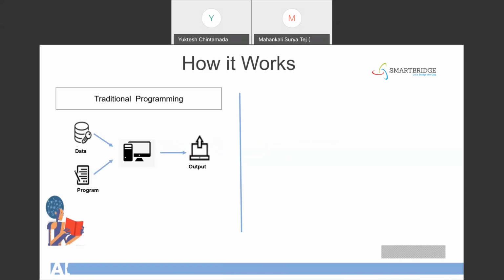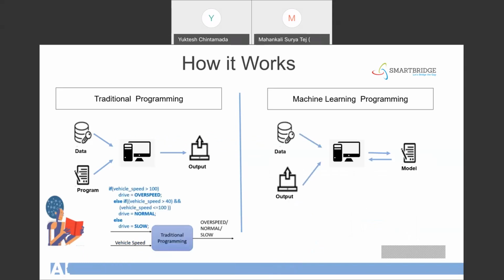In the traditional approach, suppose you want to write a small program to find out whether a vehicle is going at high speed, normal speed or slow speed. Let's take this small example to elaborate the difference between traditional programming and the machine learning approach.